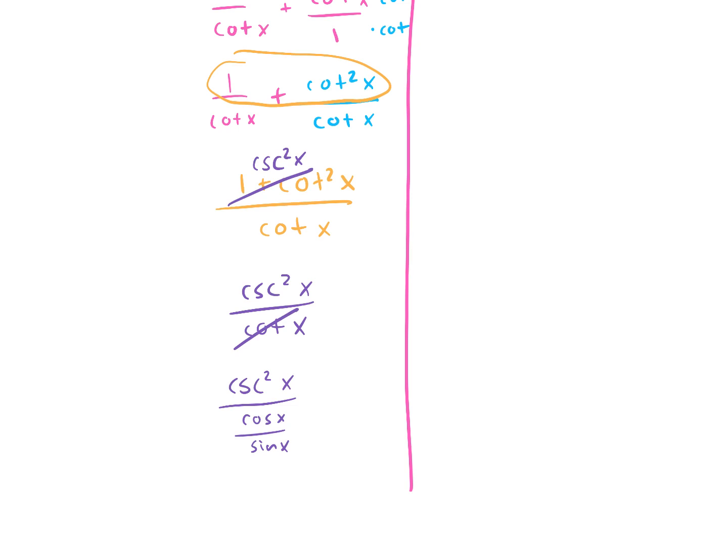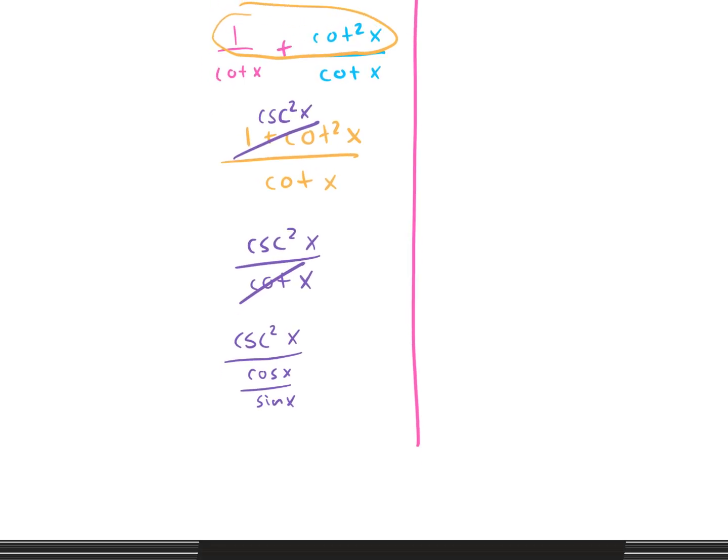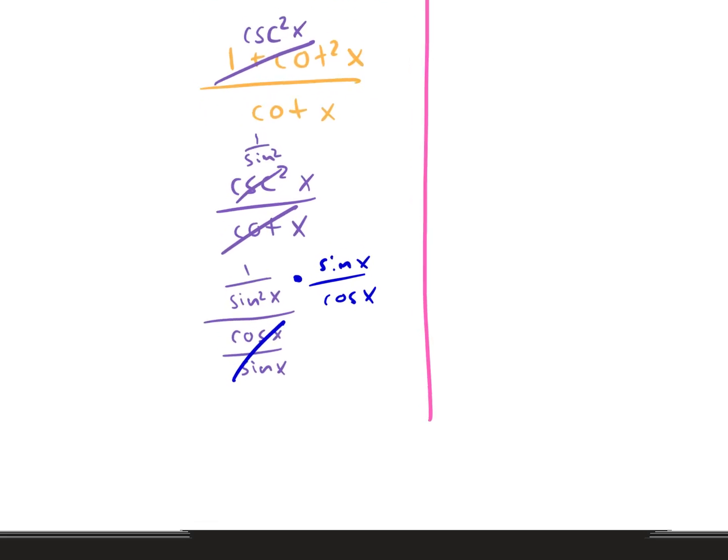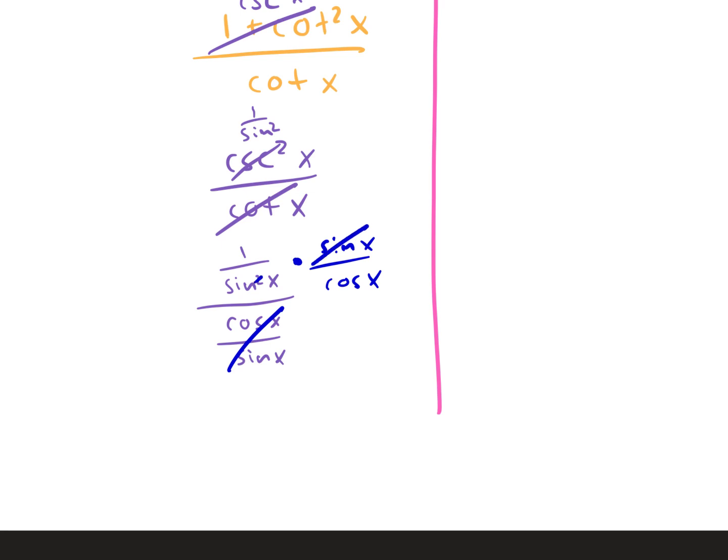And then what? Okay, I can change the top to 1 over sine squared. And then I want to keep change flip. Does anything cancel? So a sine cancels out with one sine from the bottom. So then I'm left with 1 over sine times cosine.